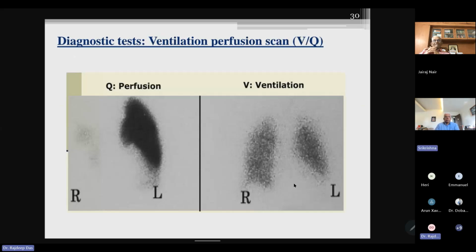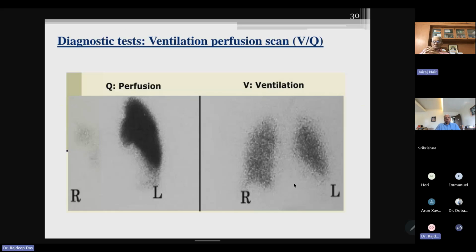A ventilation perfusion scan can also be performed, which may suggest a perfusion defect in part or the entire lung fields, while the ventilation may be normal or may be deranged in case of any interstitial lung disease.